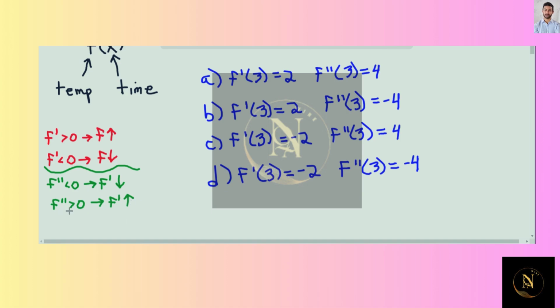So if F double prime is positive like it is here, that means the rate at which F is increasing is going to increase. So not only is it getting hotter after the 3 hour mark, but the rate at which it's going to get hotter is going to keep increasing. So A is not a good situation for you if you already are uncomfortable at the 3 hour mark.